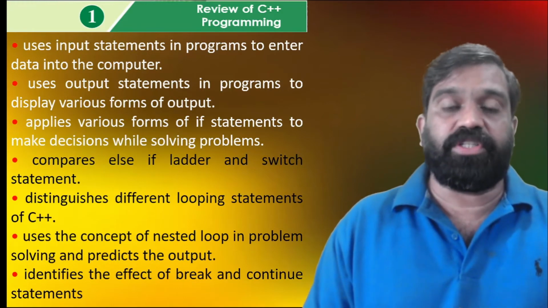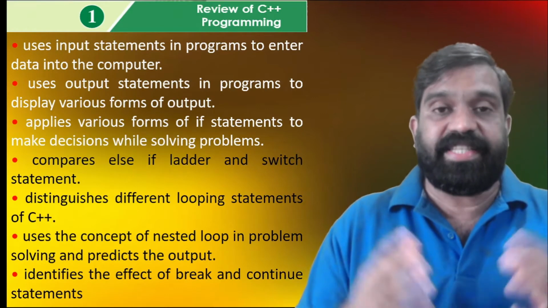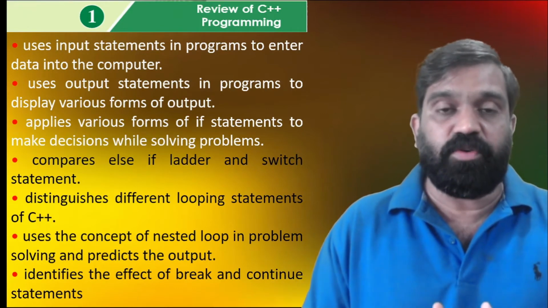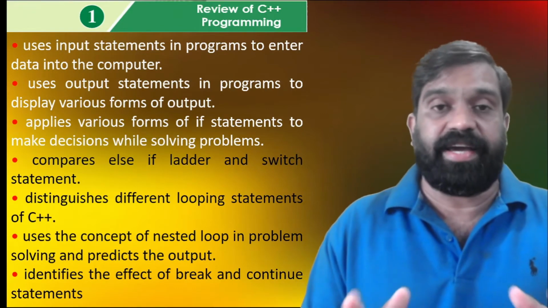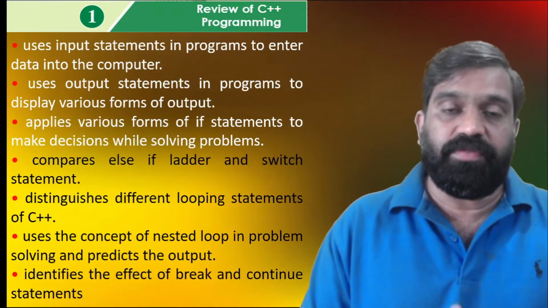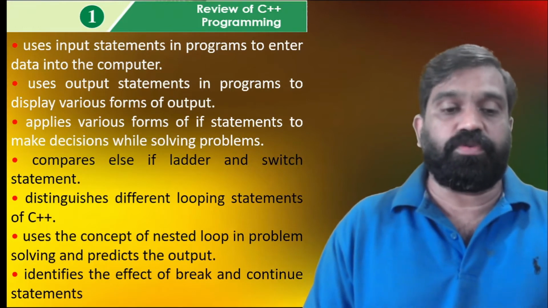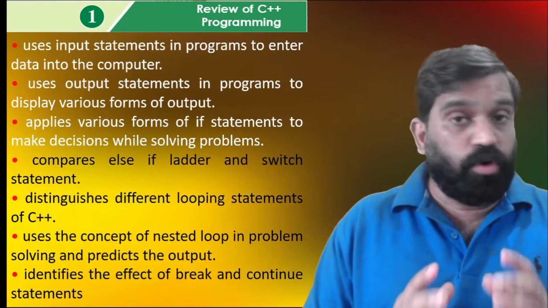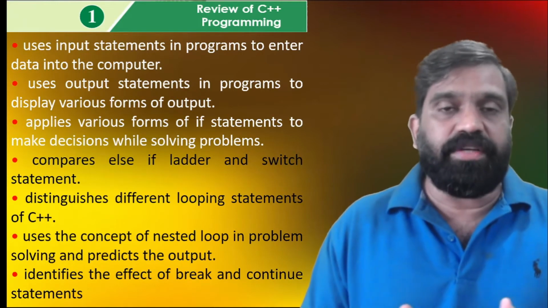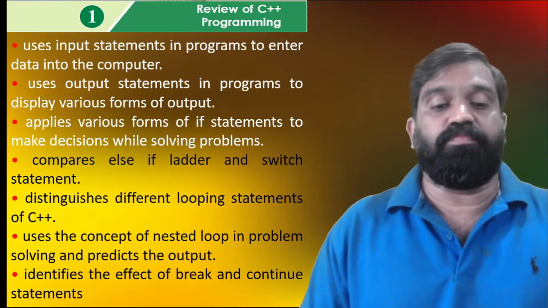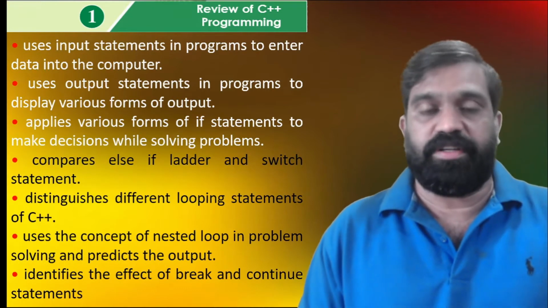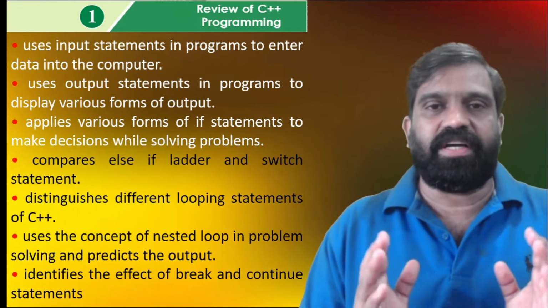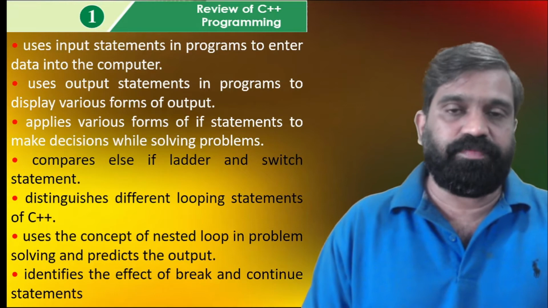Sometimes in the examination, we will get an example of a nested loop and be asked to write its answer. So that is why we have to learn about nested loops also. And moreover, we have to identify the effect of break and continue statements. So these are the nutshell of this particular chapter.